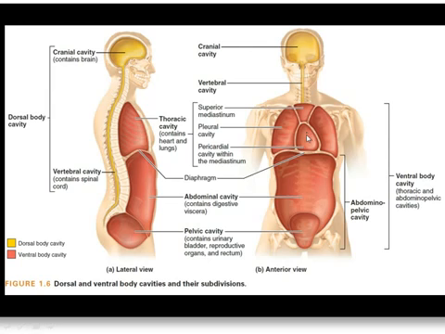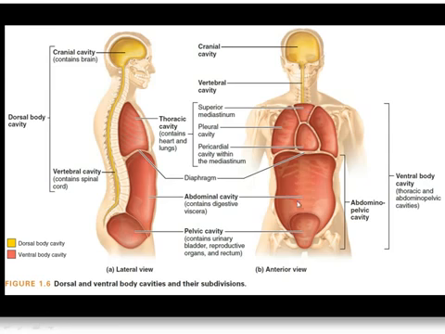In the inferior part of the mediastinum we have the pericardial cavity that contains the heart, and in the upper part, the superior mediastinum, we have the vessels arising from the heart, the trachea, and other structures.